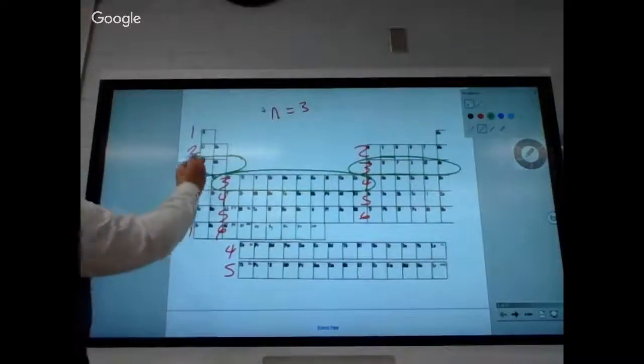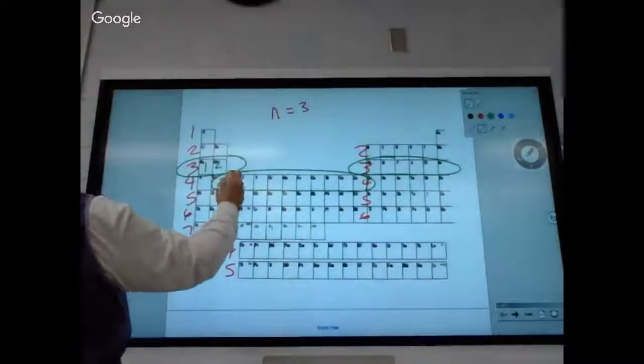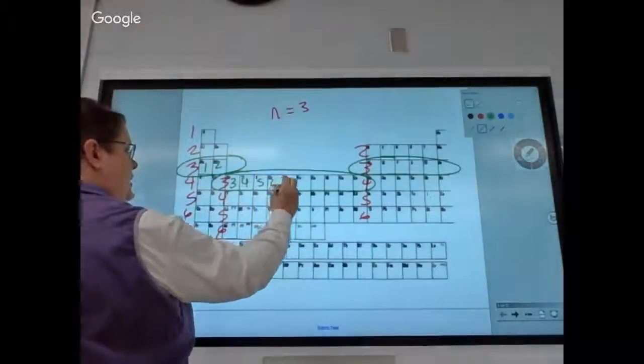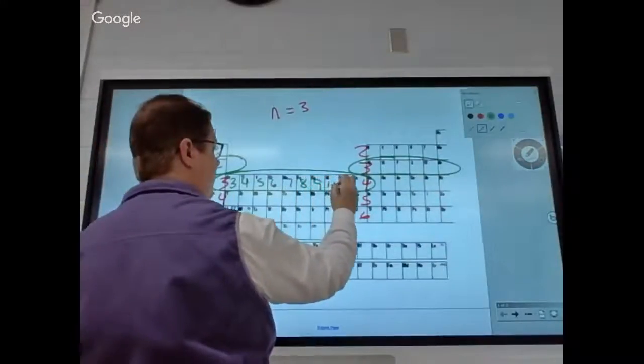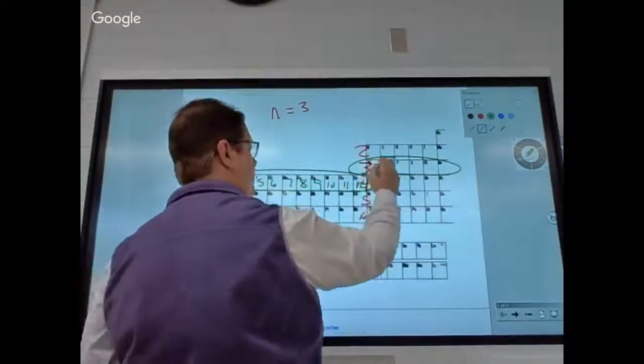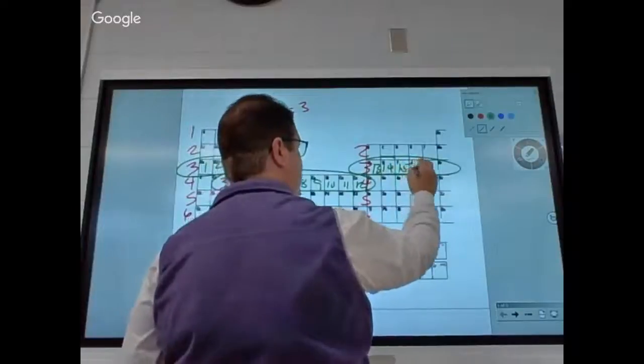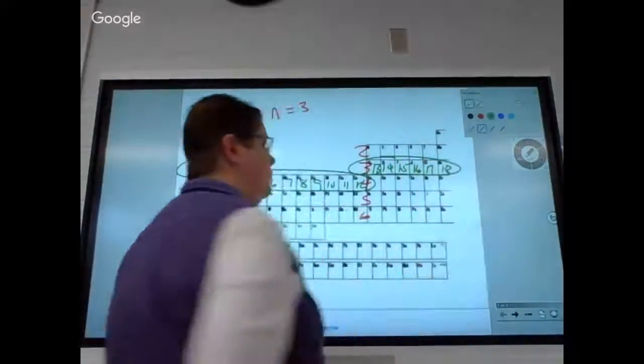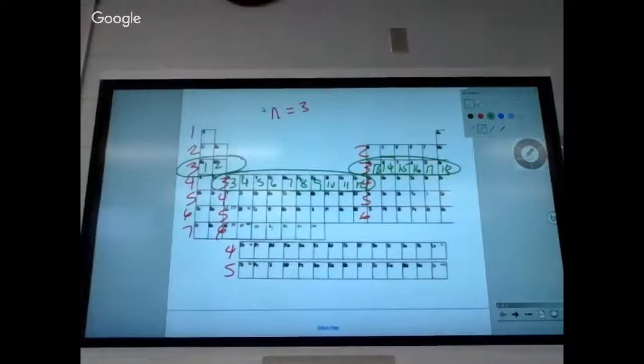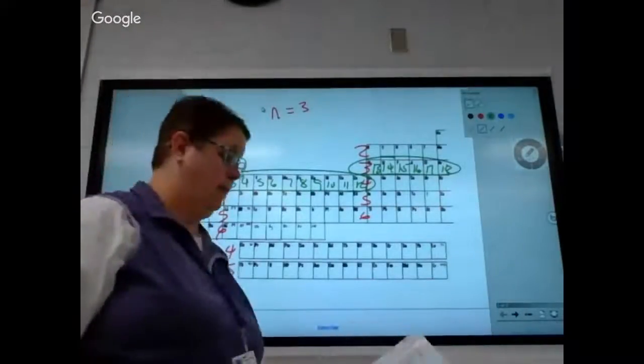How many you got here? 1, 2, 3, up to 18. What would you get if you said 2n squared on n equals 3? Can you get it that way? If you forget, try that. There's nothing wrong with that plan.